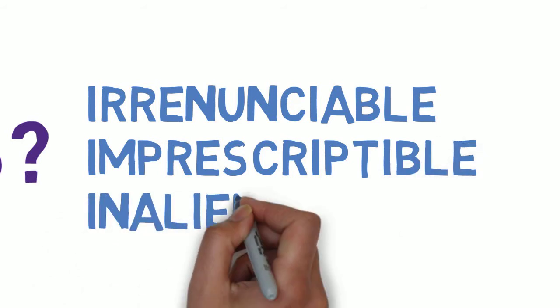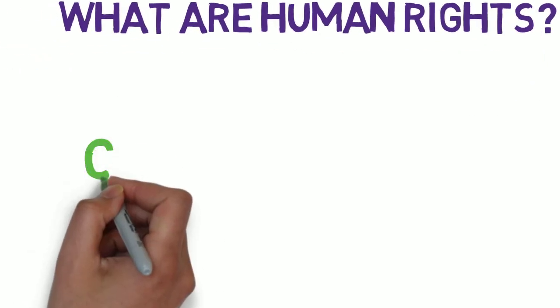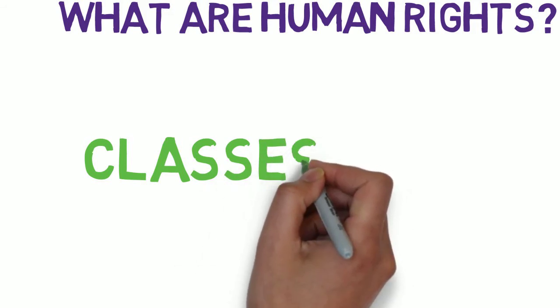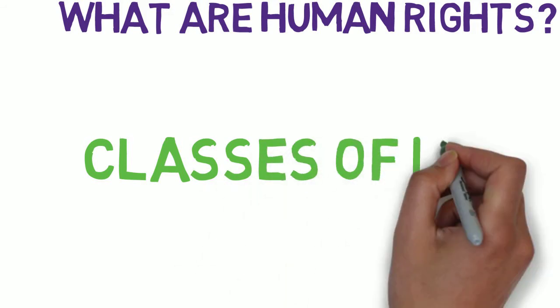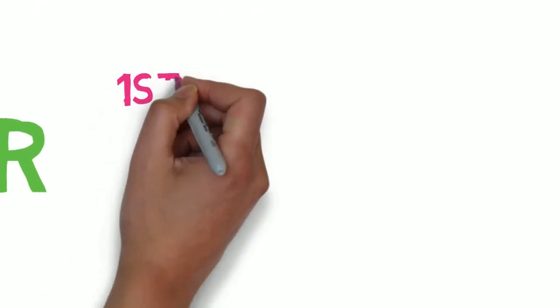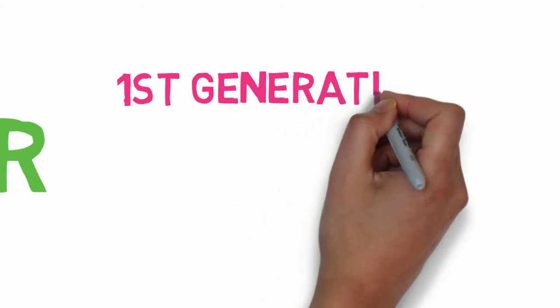So, the next question here is how do we classify human rights? Concerning the classes, human rights can be classified through the first, the second, the third, and the fourth generation. The first generation concerns civil and political rights.